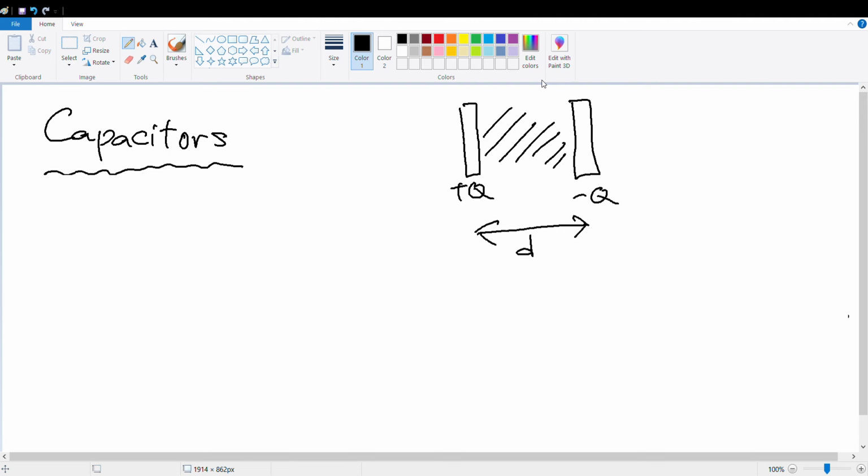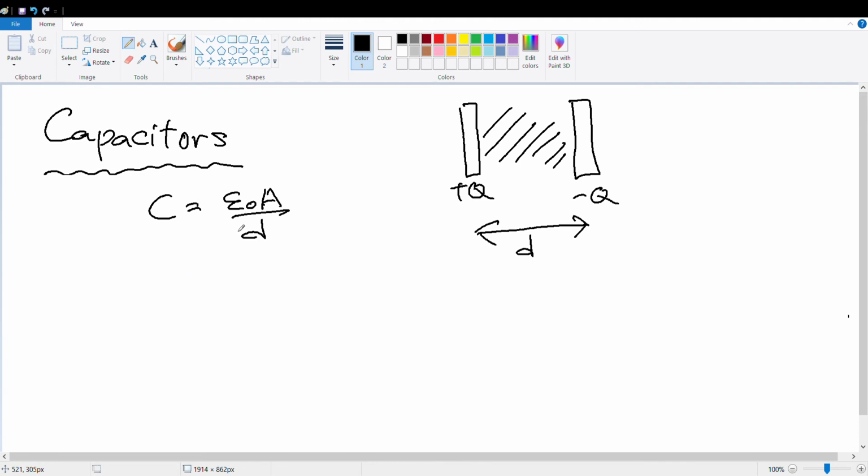So from the formula, which is epsilon naught A over D, what is actually affecting the capacitance of the capacitor? The answer comes from this formula.